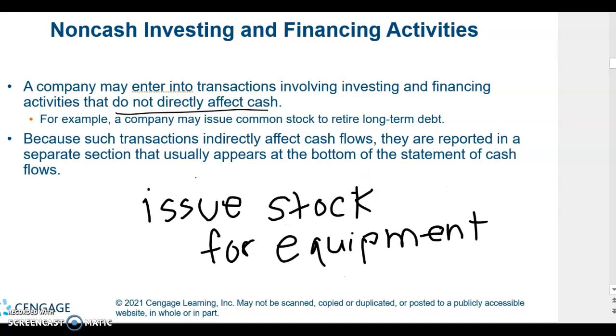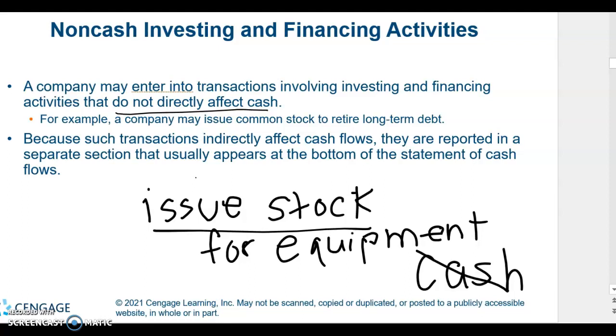Somebody gave you some equipment and you gave them some stock. This is a financing activity because you issued stock. However, you did not get cash. This is called a non-cash activity. This would go at the bottom of your statement as a non-cash investing and financing activity.